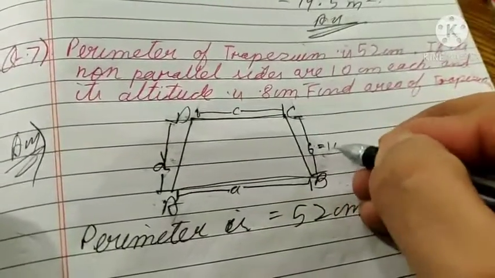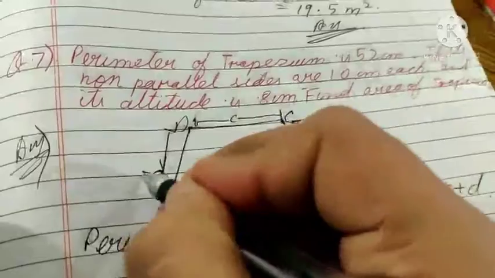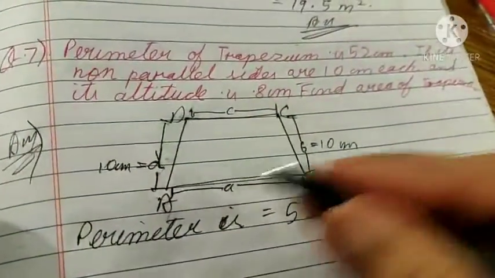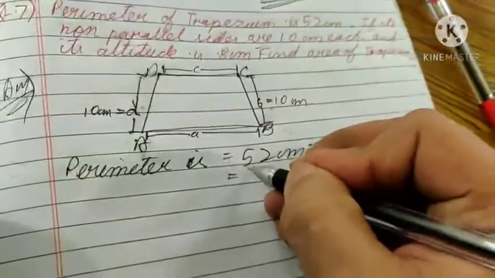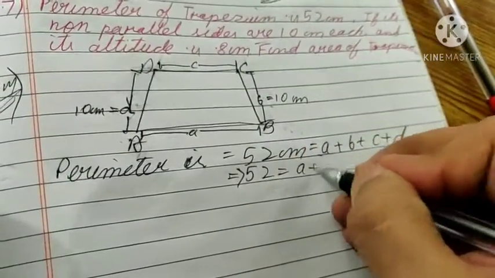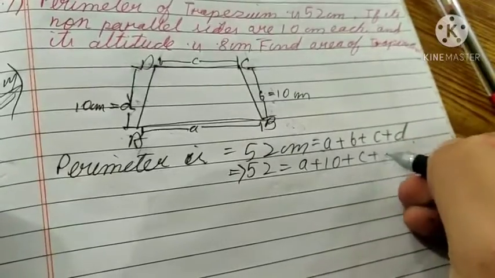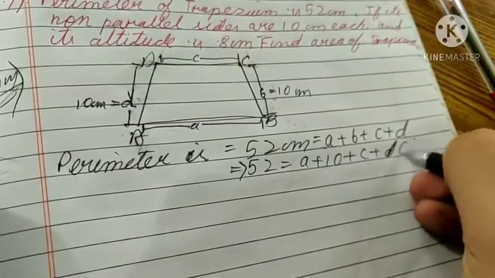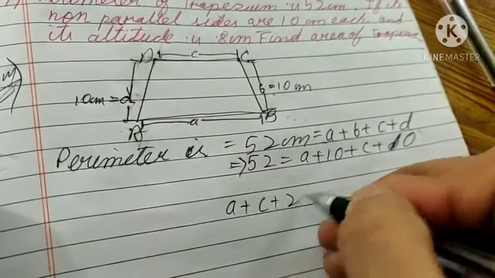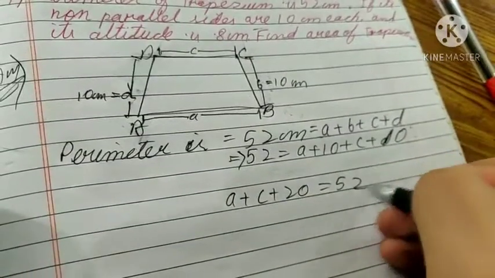This is 10 centimeters and this is also 10 centimeters. Means B and D are given as 10 centimeters. Okay, so A plus C plus 20 equals 52.